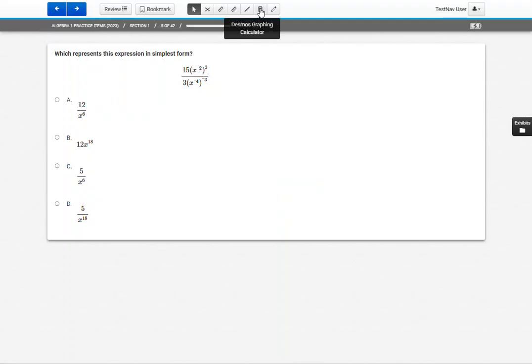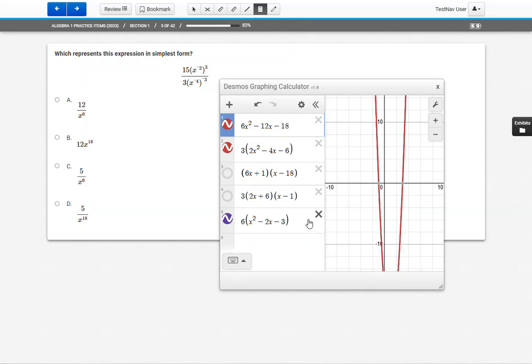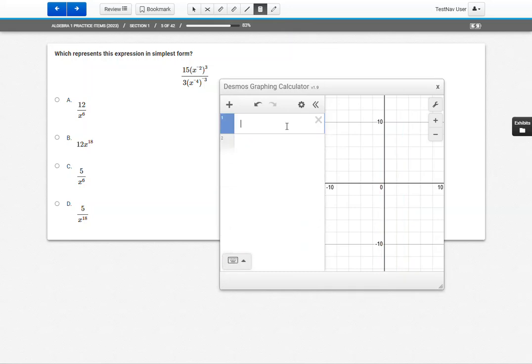All right, simplest form, so I can actually just graph everything in Desmos and find the simplest form. So when I see a variable in my question, variable in the answer choice, I like to match them up, but because it has an x, it's graphing something for me. I want to make sure that I plug in a number for x. I'll show you what I mean. Okay? Actually, let me just graph this, so it should be fine.